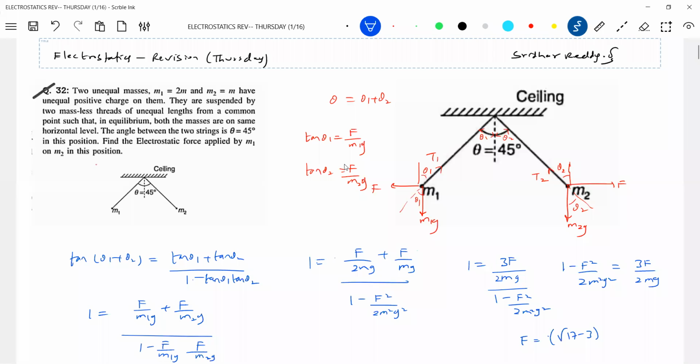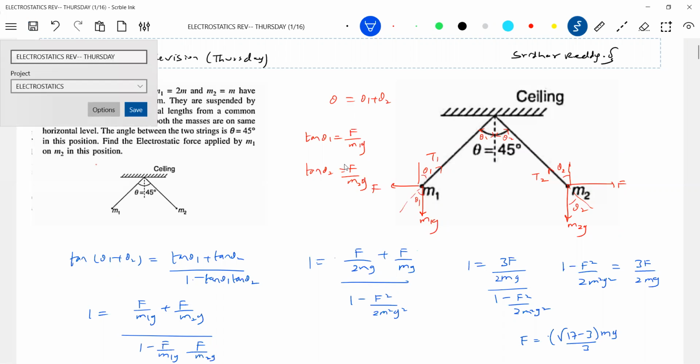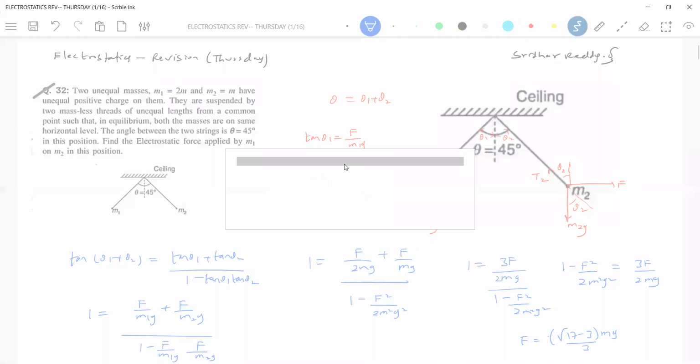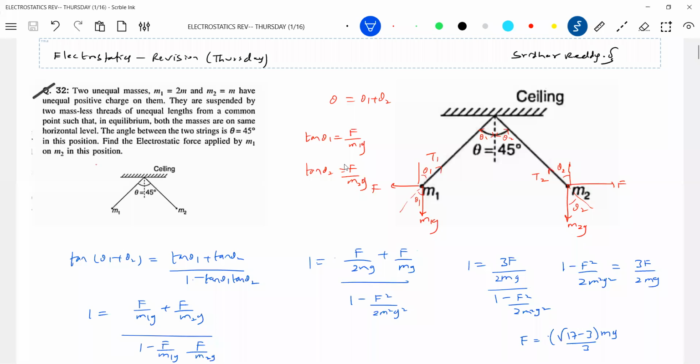No need to get into tension. So we don't know the tensions? No, not needed. Maybe the mathematics you can take help of like this. After getting F, you can find out the tension. Of course, theta 1 is needed no further.